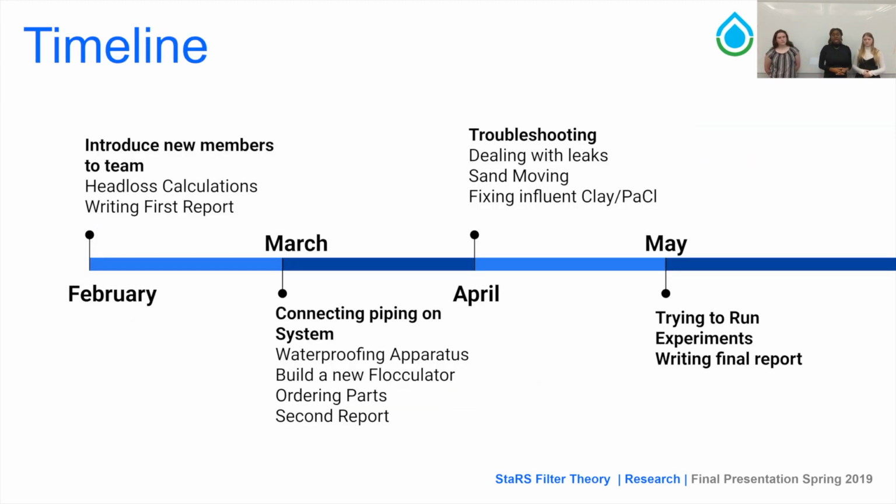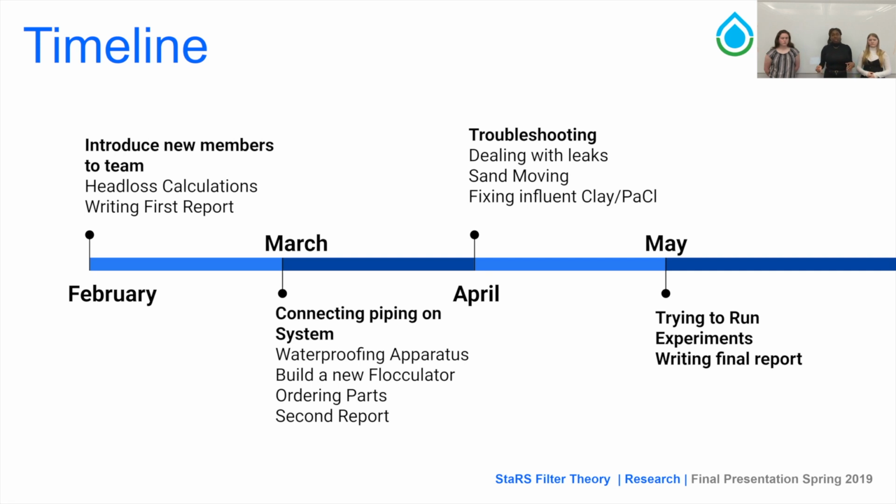So here's a short timeline of what we did this semester. We began when we all came together and introduced ourselves, and we spent a lot of time going over literature review and working with head loss calculations to see the head loss in our filters, and writing the first report. In March, there was a lot of connecting of pipes, waterproofing the apparatus, and building a new flocculator.